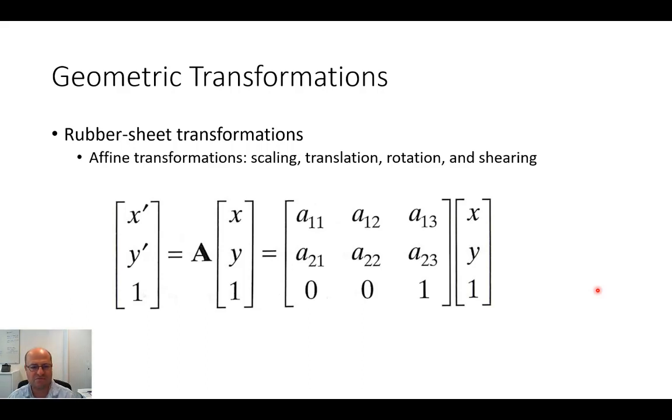Geometric transformations, well, the simplest ones are the affine transformations, also known as rubber sheet transformations, which are scaling, translation, rotating, and shearing. They are very easy. We're going to do that in the first or second lab, where we just get your original image, which is a matrix, and multiply by a transformation matrix.